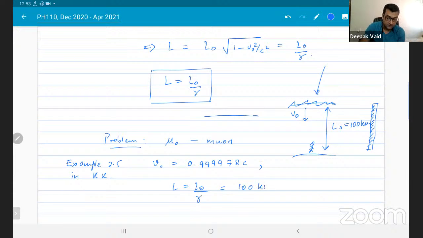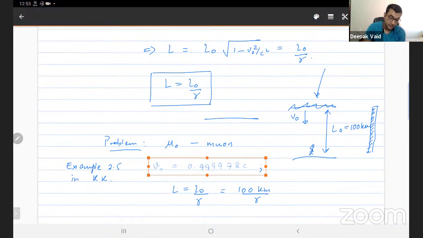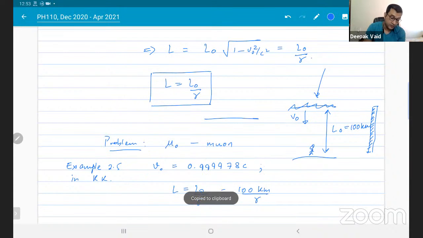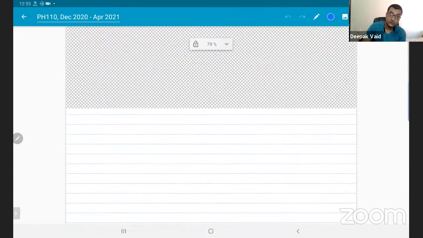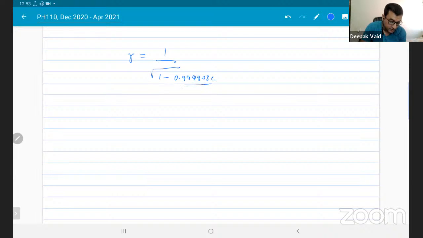Now what is gamma? It's important to understand how to calculate gamma for such quantities. So gamma is equal to 1 over the root of 1 minus (0.99978 C by C) whole square.